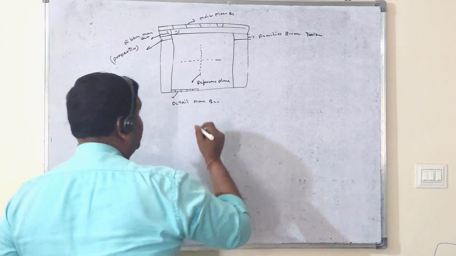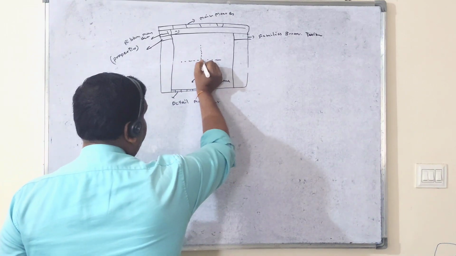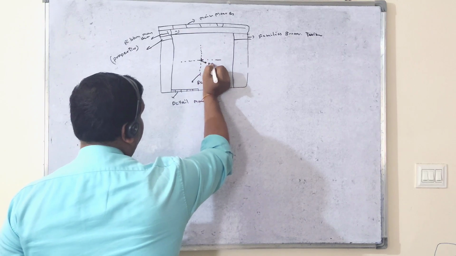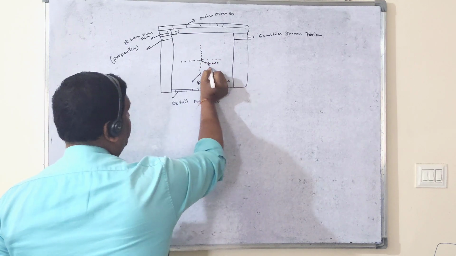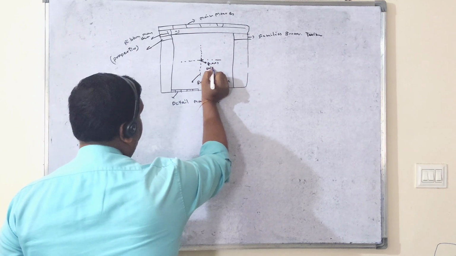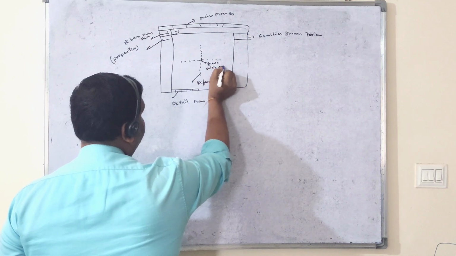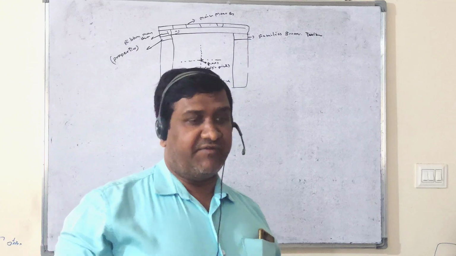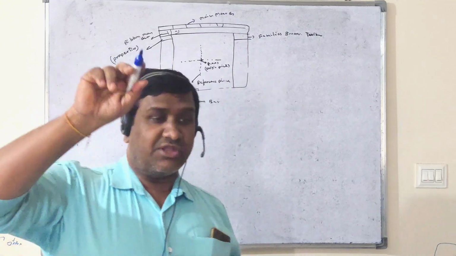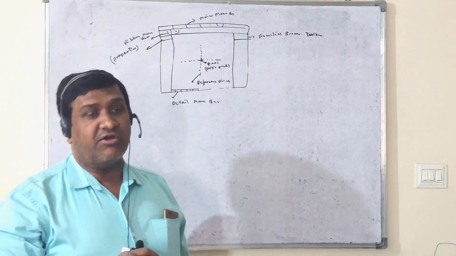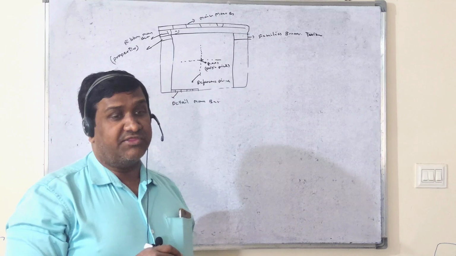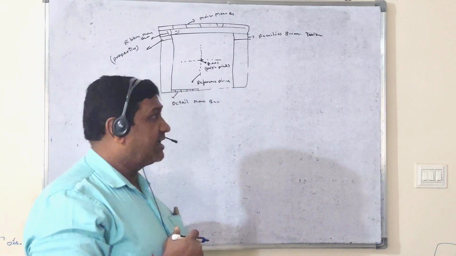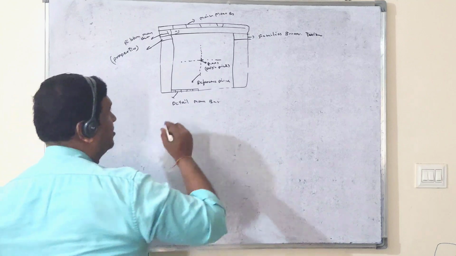The center intersection point of these reference planes is 0, 0, 0, which we call the origin point. Like the base point or survey point in a project, here this intersection we call the origin point. Length, width, height, 0, 0, 0. Everything will be at the origin.